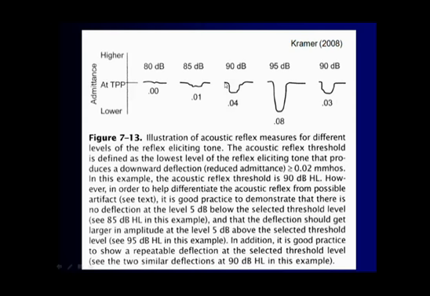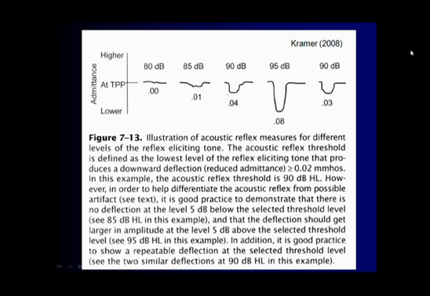And again, what happens is we present the probe tone, we're measuring admittance, and then we present the reflex eliciting tone. That goes through the cochlea, it goes up the 8th nerve, up the pathways in the auditory brainstem, and then the signal is sent down to the 7th nerve, which stimulates the stapedius muscle, which grabs the ossicular chain via the stapes and stiffens the tympanic membrane.